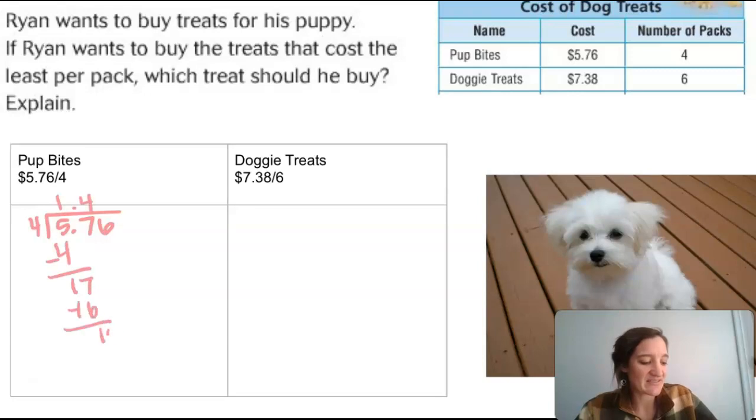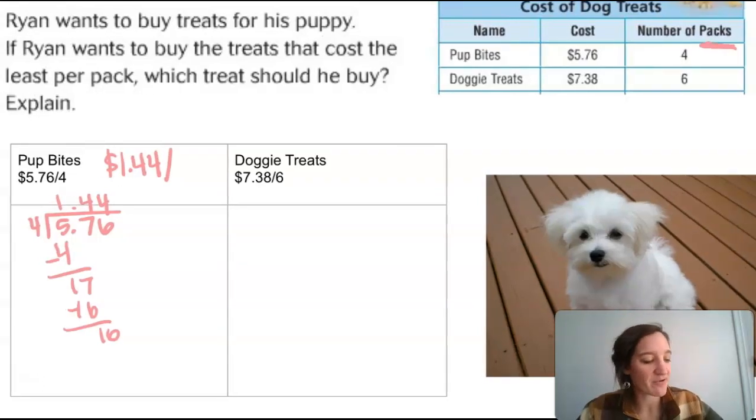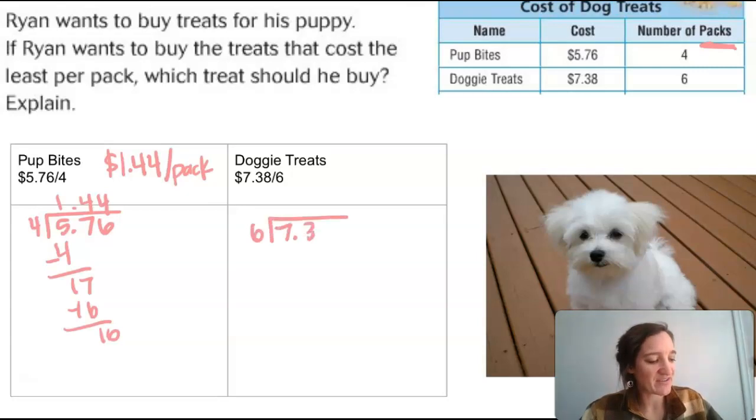It is $1.44 for, these are 4 packs, right? So if I divide it by 4, now instead of 4 packs, that's just for one pack. The doggy treats are 6 for $7.38, which will also be $1 something.